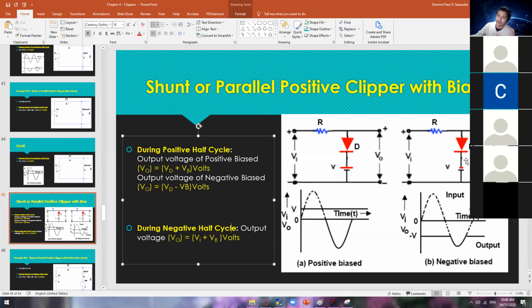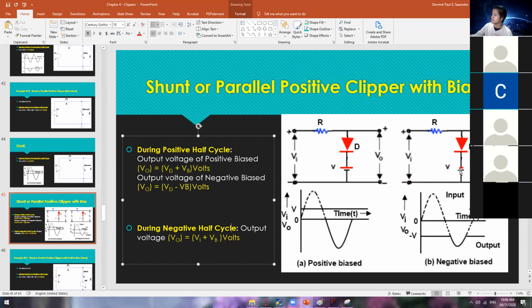Again, as I mentioned a while ago, if it's in forward bias, it will not produce any voltage output. If it's in reverse bias, then that's the only time that it will produce a voltage output. As you can see right here, negative is connected to negative and positive to positive, so this will make it a forward bias at the maximum voltage of this bias voltage. So let's say we have a bias voltage of 2, then it will never conduct on that forward bias portion.